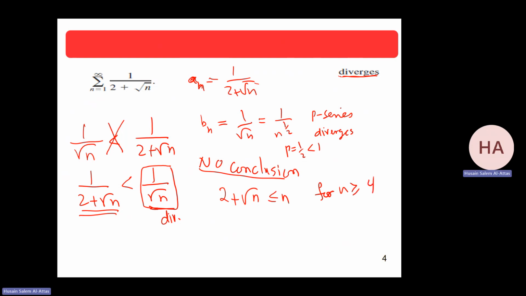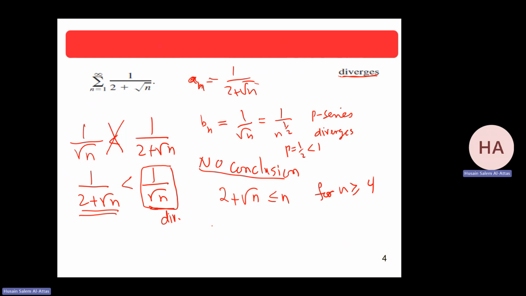If n equals 4, you have 2 plus 2 less than or equal to 4. Correct. If you have 5, it will be 2 plus square root of 5, which is 2 point something, so for sure it's less than or equal to 5. 2 plus square root of 6 is less than or equal to 6, and so on. So it's very clear. I have this for n greater than or equal to 4, 2 plus square root of n less than or equal to n.